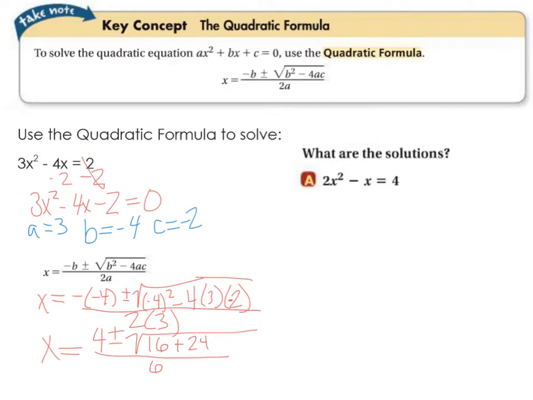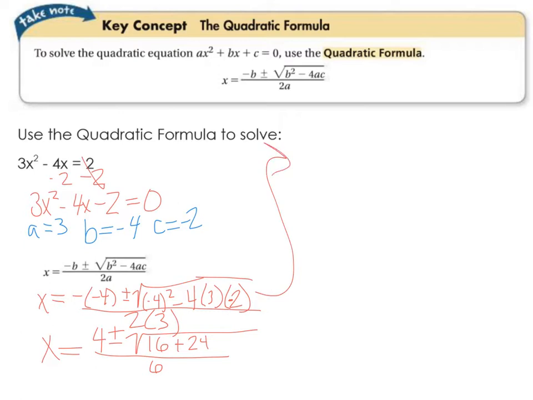So I am going to move this for now and write the rest of my work up here. So x is going to be equal to 4 plus or minus the square root of 40 over 6.